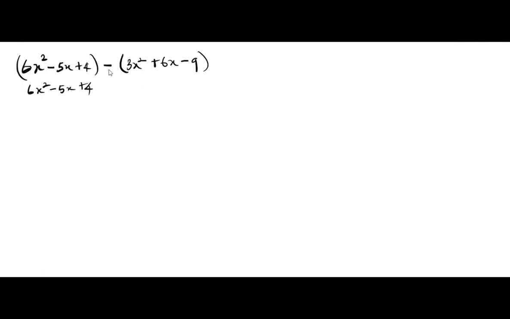So you have minus times 3x squared will give me minus 3x squared. Then you have minus times positive 6x will give me minus 6x. Then you have minus times negative 9 will give me plus 9.